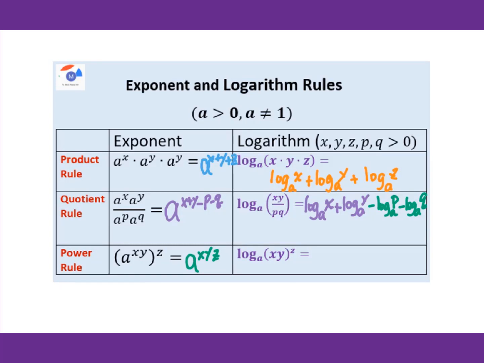For the power rule of a logarithm, we put x to this power, then y to this power. So we get log base a of x to this power plus log base a of y to this power.